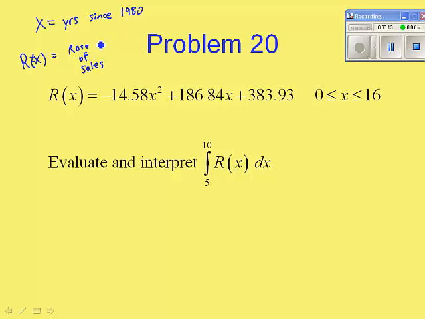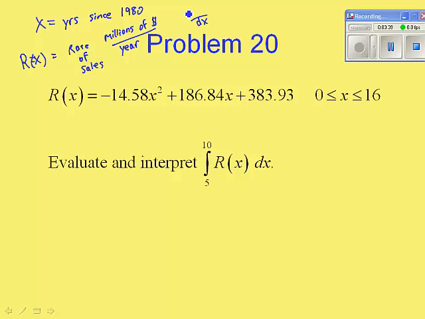Oh, millions of dollars per year. Okay? So when I said this is a derivative of something, it's with respect to x, because x is years, and that's the denominator. The numerator should be something in millions.